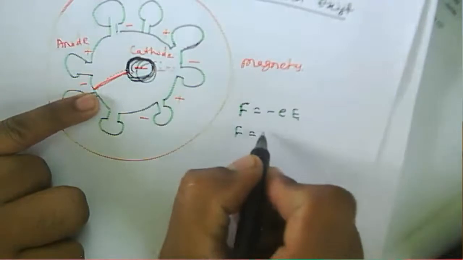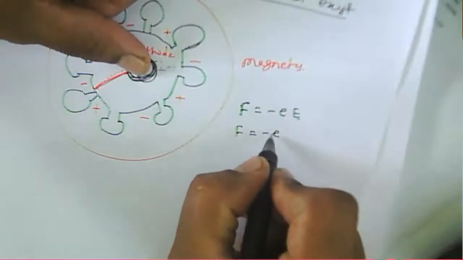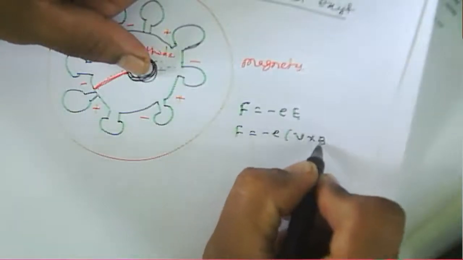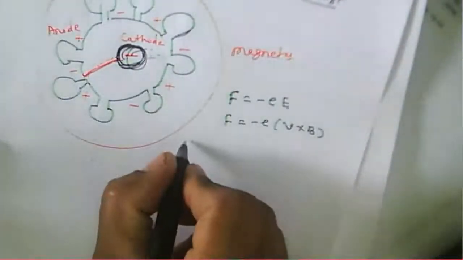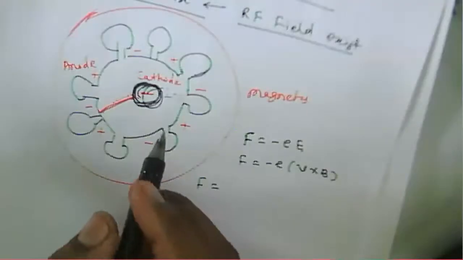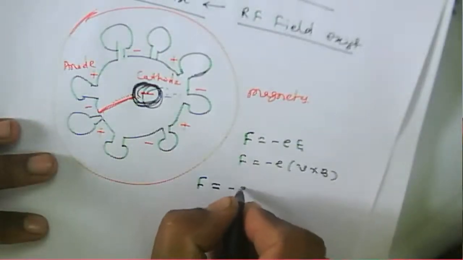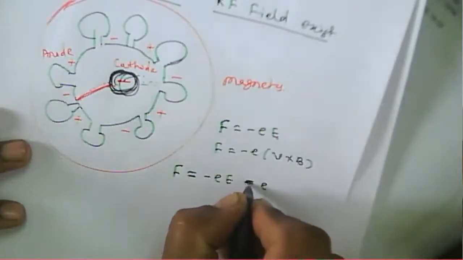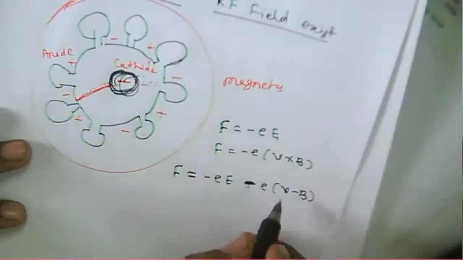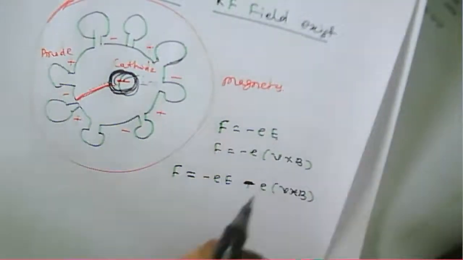The force exerted on the electron due to the magnetic field is minus e V cross B. So the total force exerted, since the magnetron has both an electric field and a magnetic field, is a combination of the electric field force and the magnetic force minus e V cross B, where V is the velocity of the electron and B is the magnetic flux.